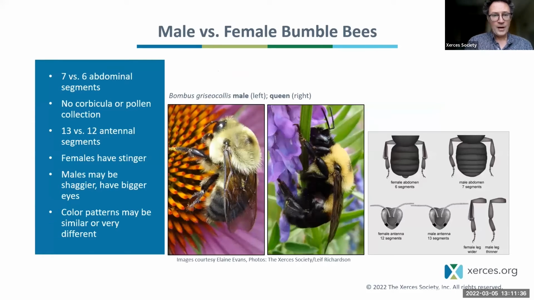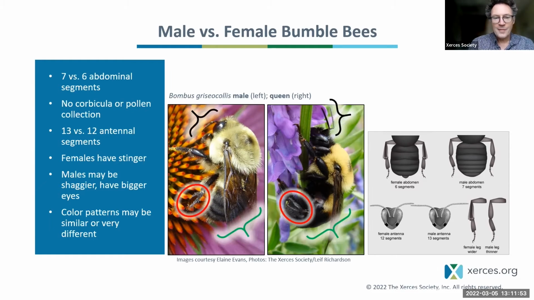So here's a little comparison of a male and a female bumblebee of the same species. This is Bombus griseocollis, the brown-belted bumblebee. This one is primarily eastern in distribution, but we do have populations in Northern California starting around Arcata and going north. I just want you to notice some of the defining characteristics that distinguish male from female bumblebees.